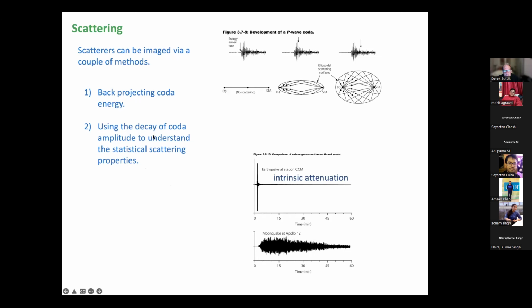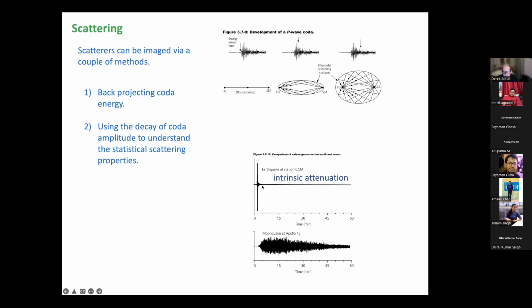You can also use the decay of coda waves to understand the statistical scattering properties. So for instance, at Cathedral Caves, Missouri, which is sort of a cratonic station, we see a lot of intrinsic attenuation.